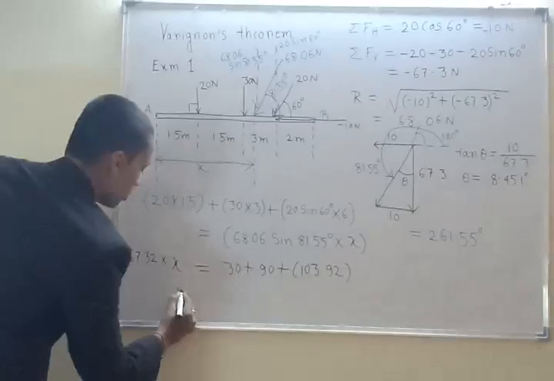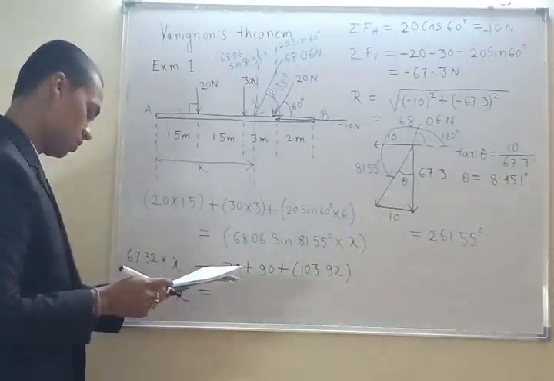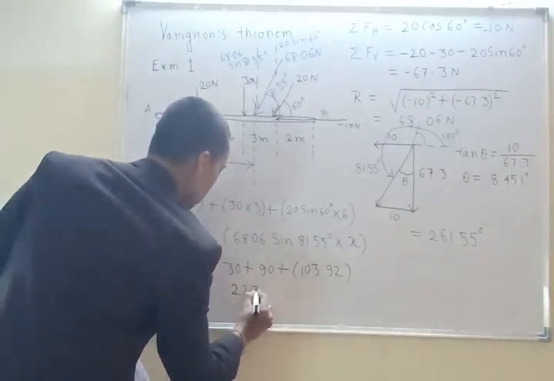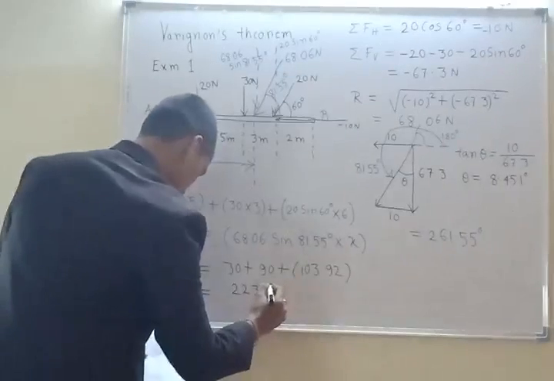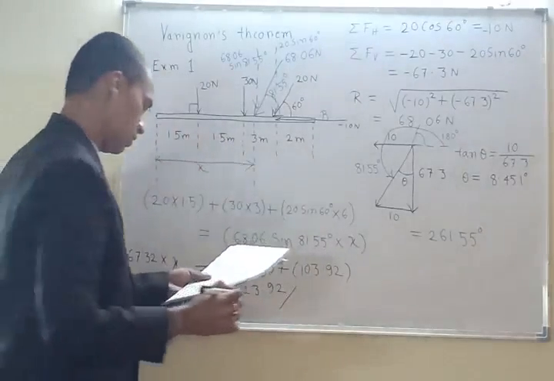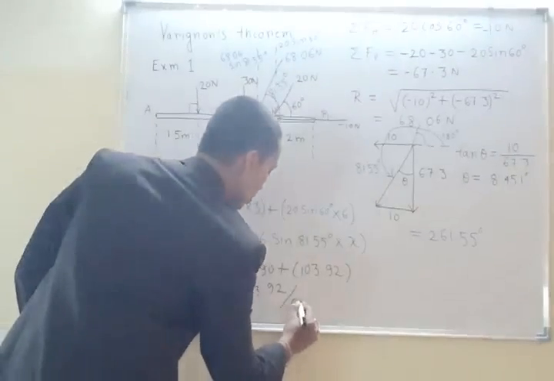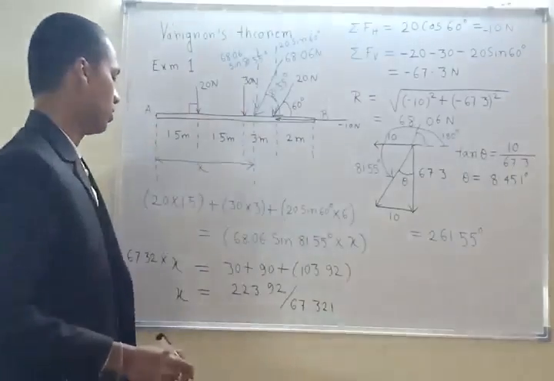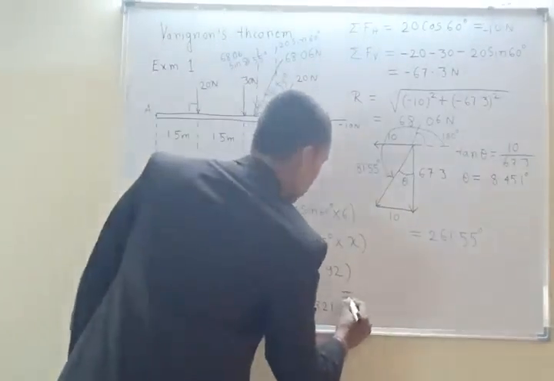So x is equal to, what I have got is 223.92 divided by 67.32. Okay, and that is the answer.